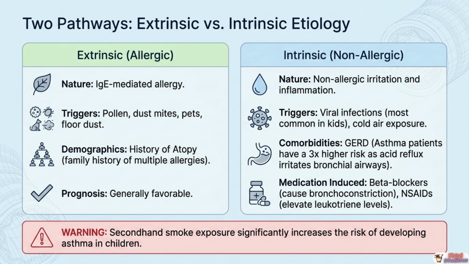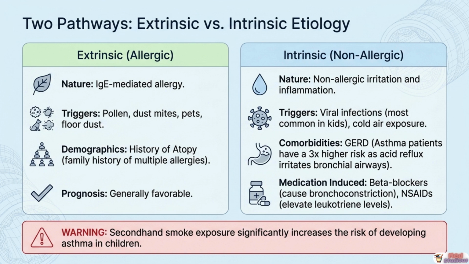The second pathway is intrinsic or non-allergic asthma. Here, the mechanism is non-immunological irritation and inflammation. Common triggers include viral respiratory infections, which is the dominant cause in children, and cold air exposure. An important comorbidity here is GERD.